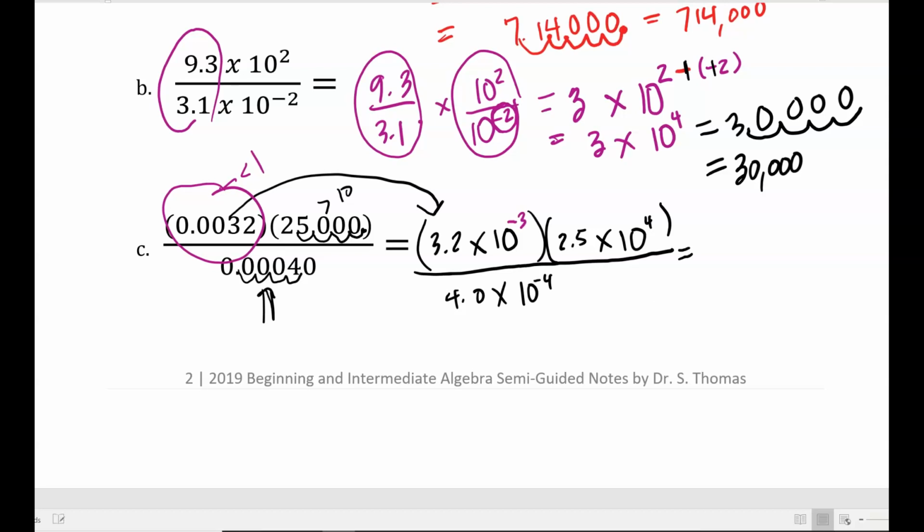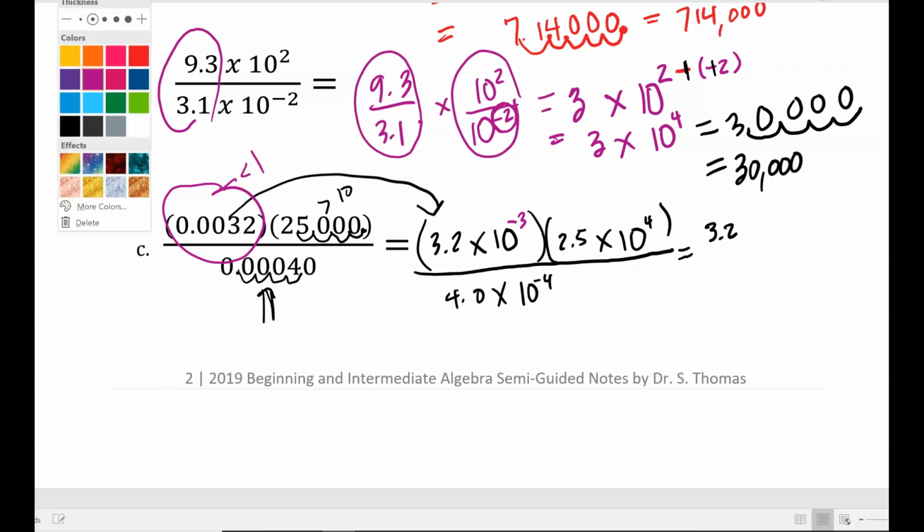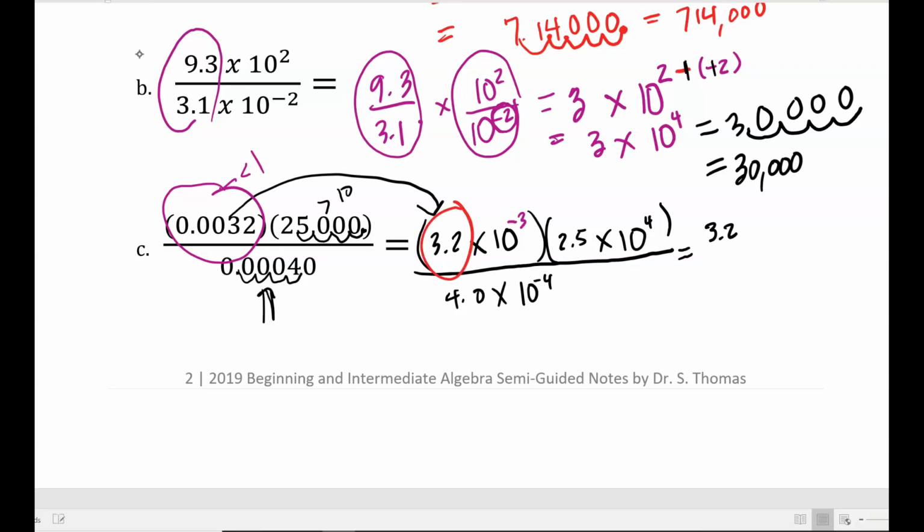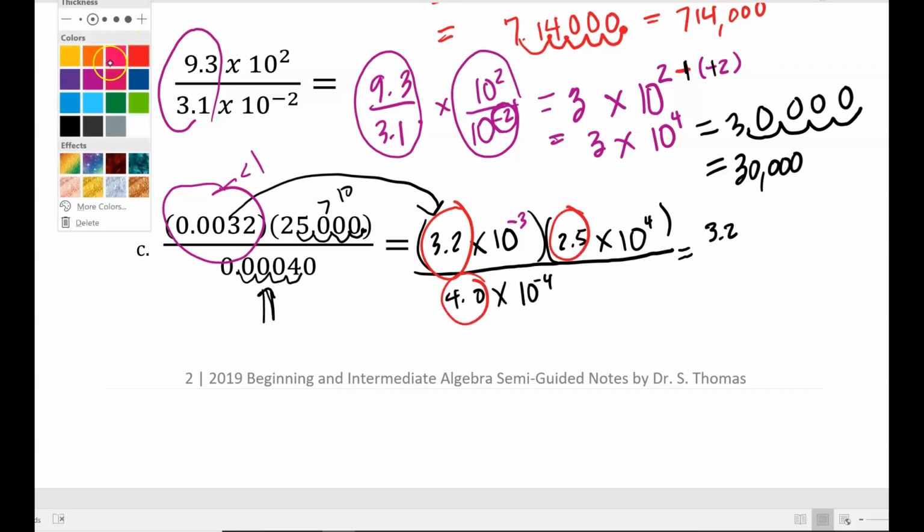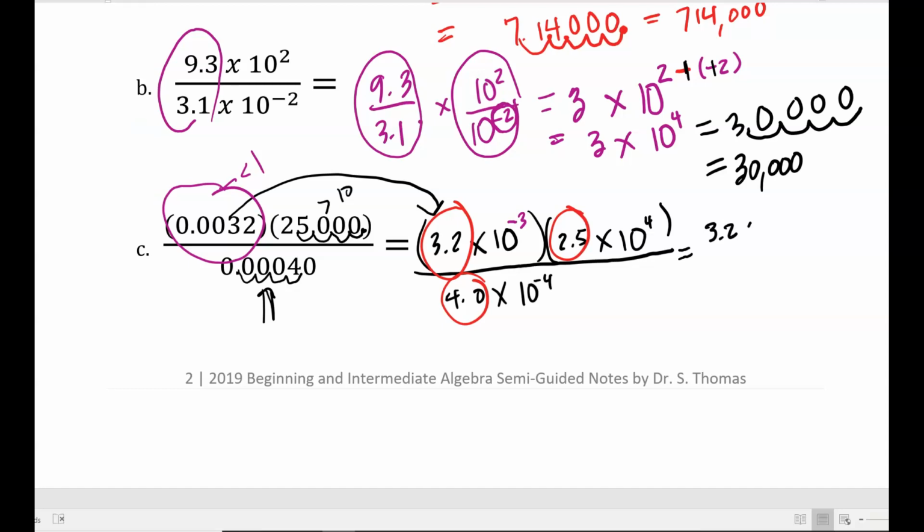And now what we could do, we can group some things together. We can group the 3.2 together, this 2.5 together and this 4.0 together. So you write 3.2 times 2.5 divided by 4.0. And then we can group 10 to the negative 3 times 10 to the 4 divided by 10 to the negative 4 together.